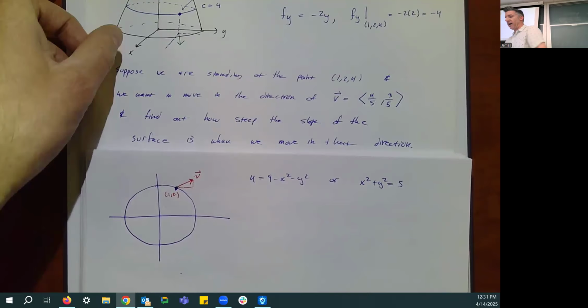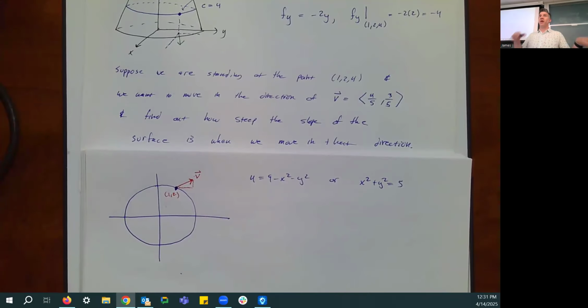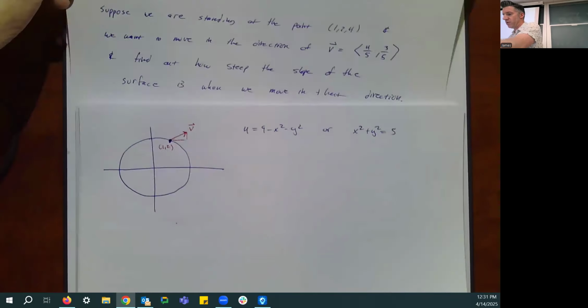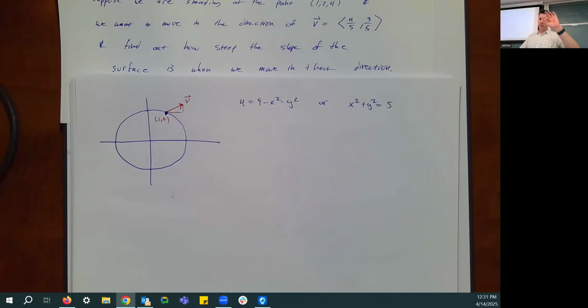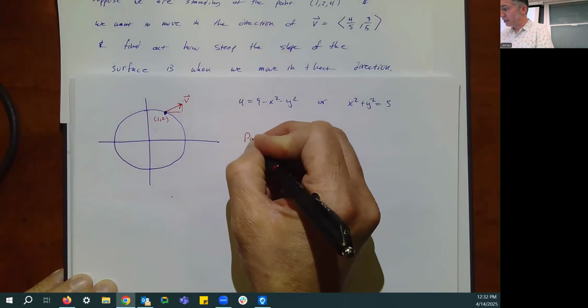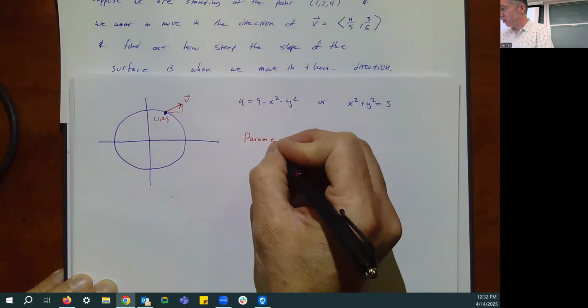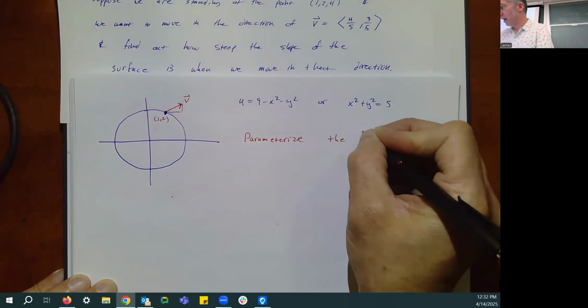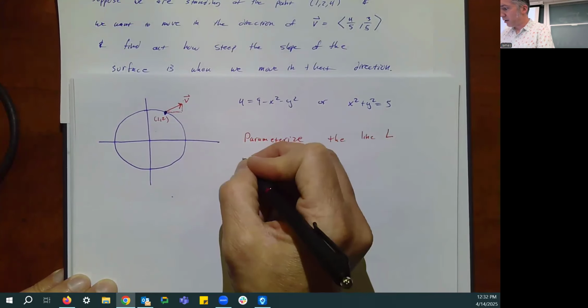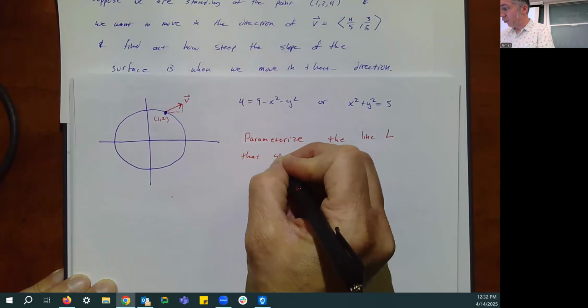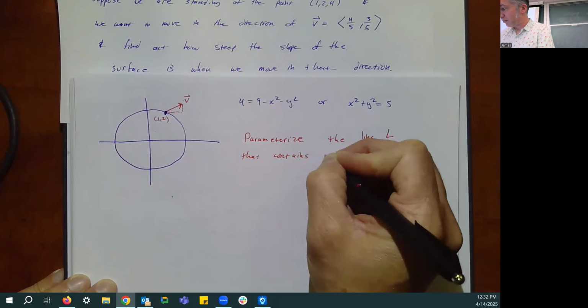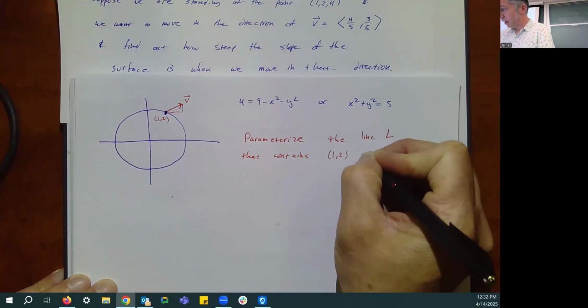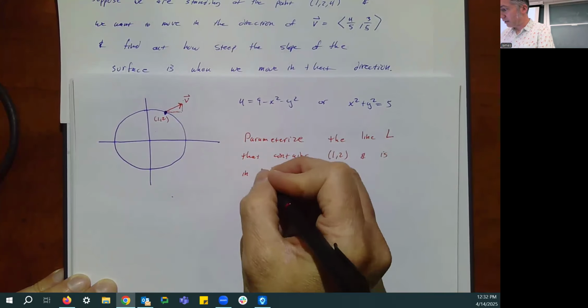So how are we going to find the derivative or the slope in that direction? Here's what we're going to do. We're going to start by parameterizing the line L that contains the point (1, 2) and is in the same direction as v.